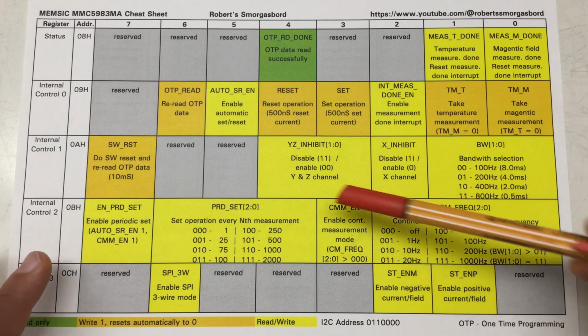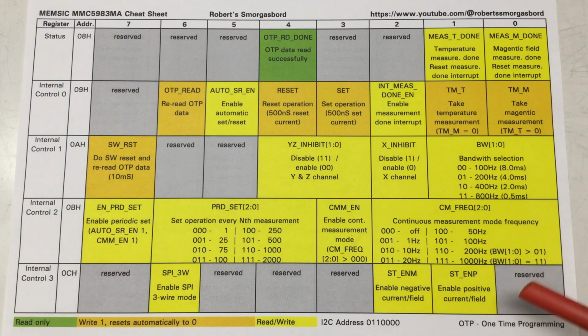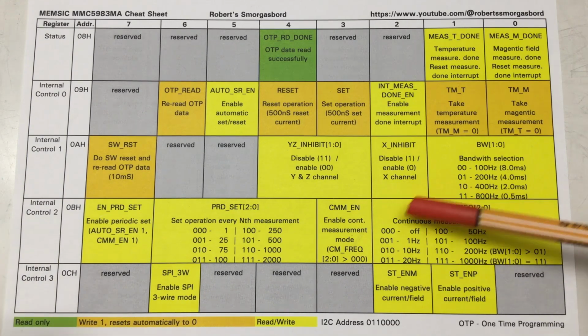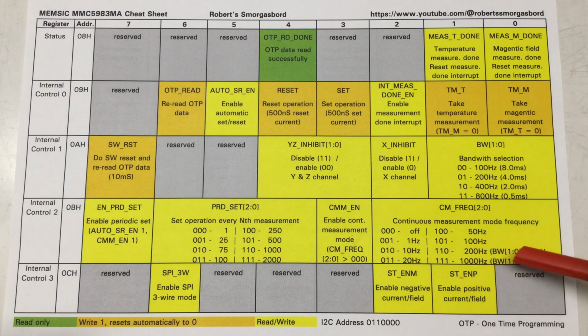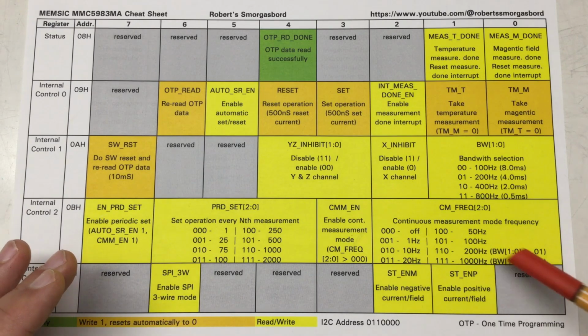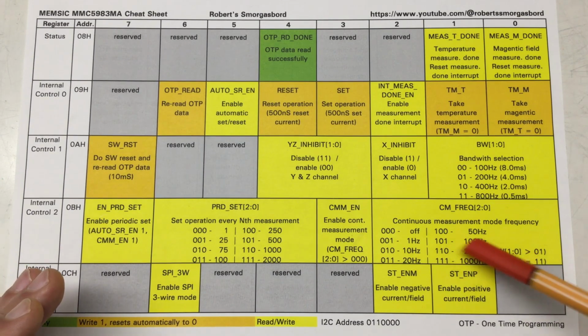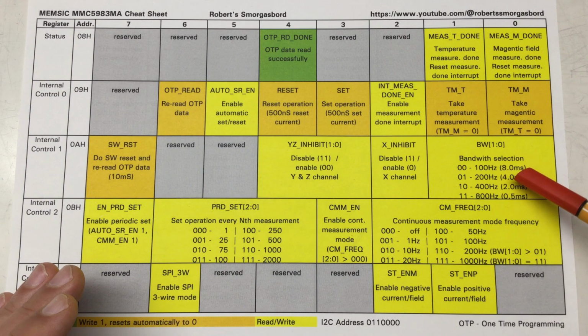Let's move on to the next configuration option here, and that's continuous measurement mode. We have here 3 bits in the internal control 2 register where you can set the measurement frequency between 000, off, and 111, 1 kilohertz. Please note 1 kilohertz is only possible if our bandwidth is set to 800 hertz, and 200 hertz is only possible if our bandwidth is greater or equal to 200 hertz.